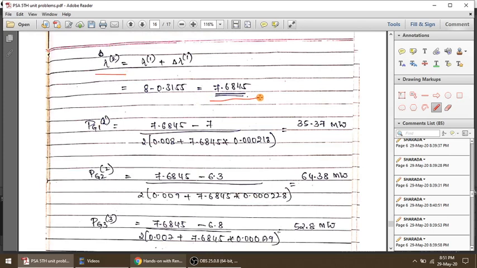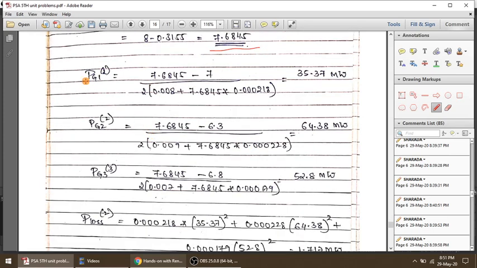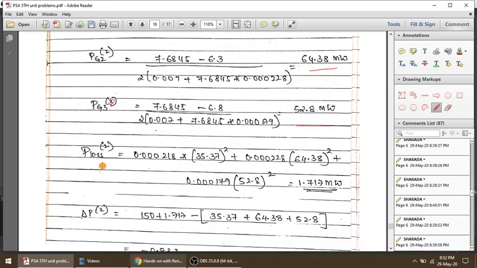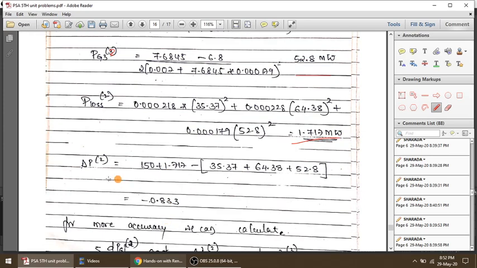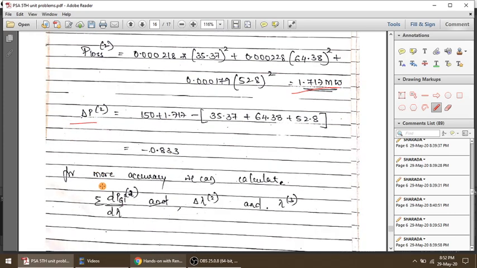Next I'll update the lambda value. I get around 7.6845. Again I'll calculate Pg1, Pg2, Pg3 of 2. This is the second iteration. The three values are calculated and I get the corresponding values here. Finally, substituting in the P loss expression, I get P loss here and I calculate delta P of 2.